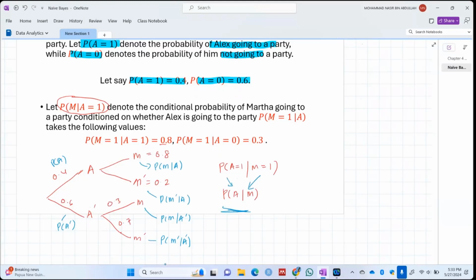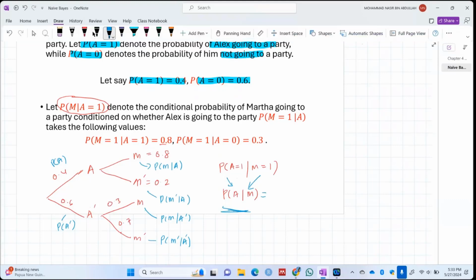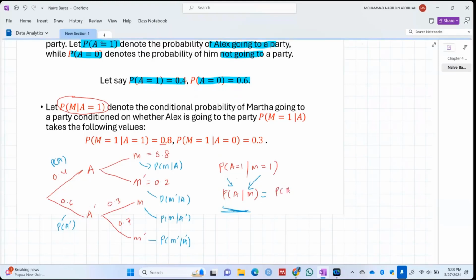So we want to know the probability that Alex is also going. By applying conditional probability, Bayes' theorem, it is the probability of A intersect M divided by the probability of M. This we can expand as the probability of M given A multiplied by the probability of A, divided by the probability of M.